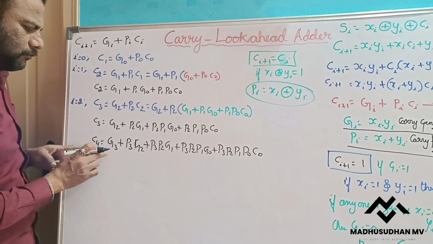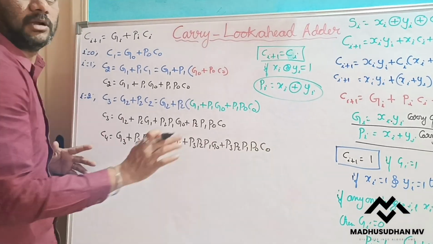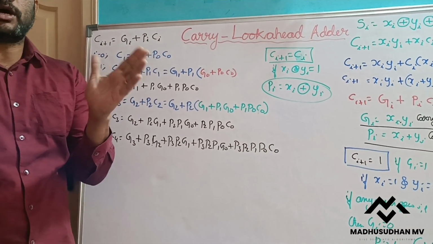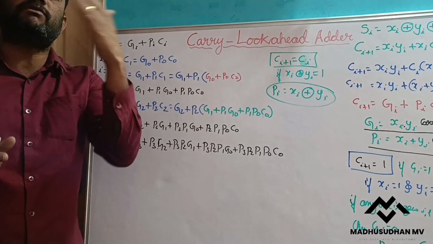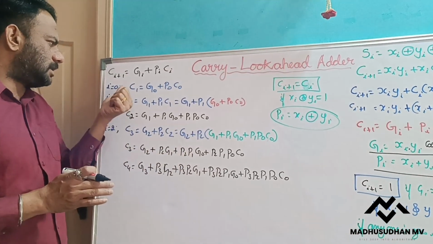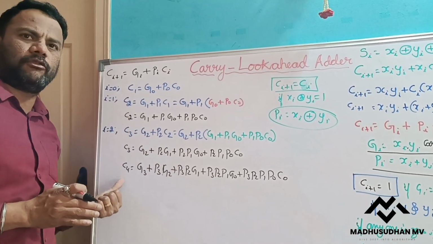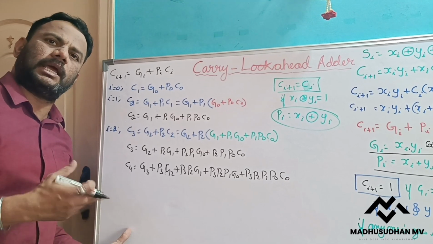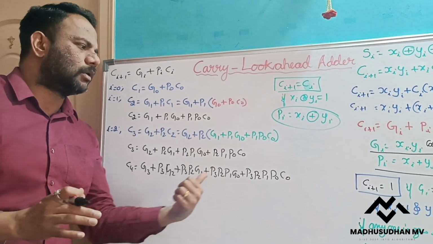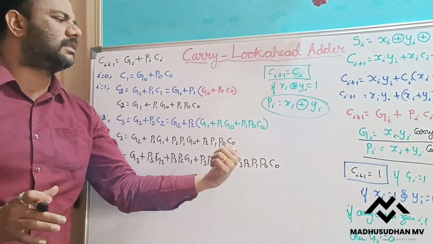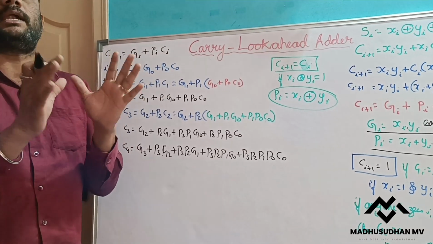That means C4 is also depending only on C0. That means no carry is generated depending on the previous one. All the carries C1, C2, C3, C4, C5, Ci plus 1, any carry is depending only on the initial carry C0. That's it. We have eliminated this.